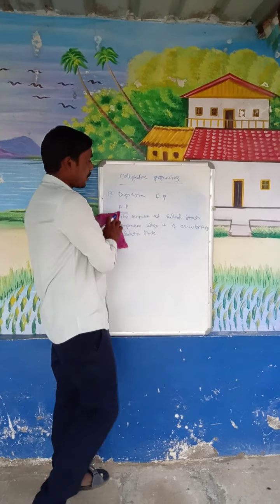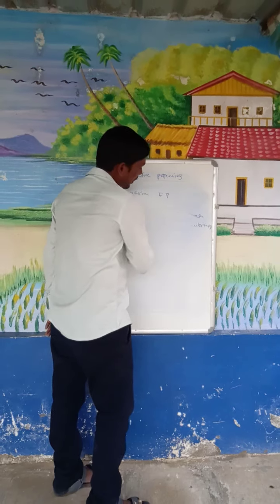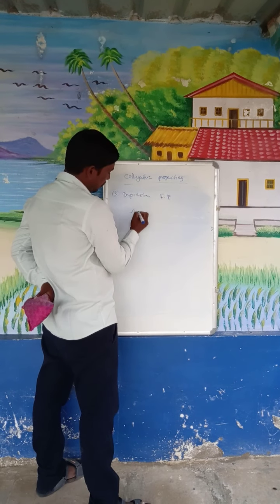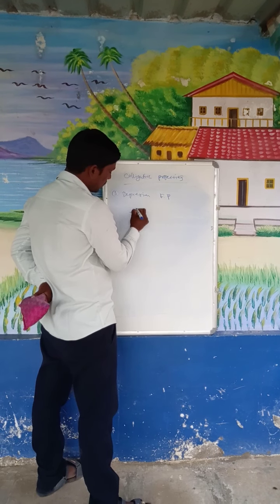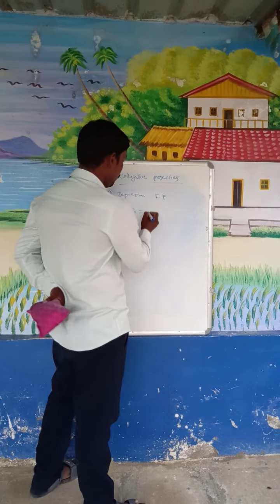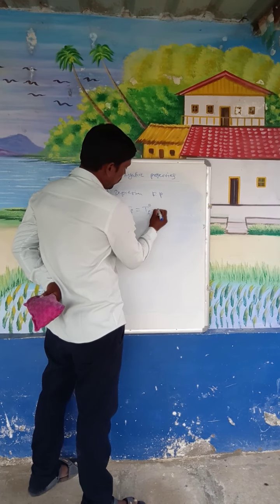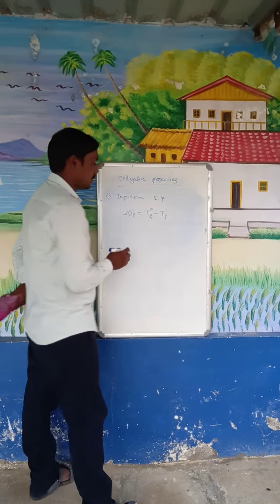This freezing point decreases, so the depression of the freezing point is Tf naught minus Tf.